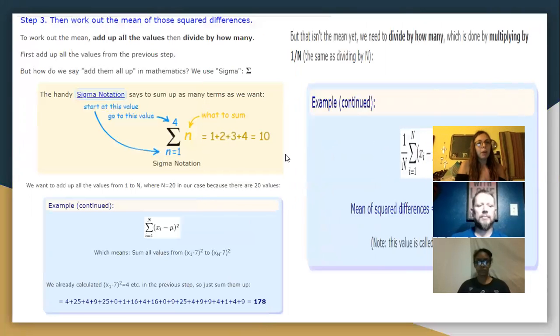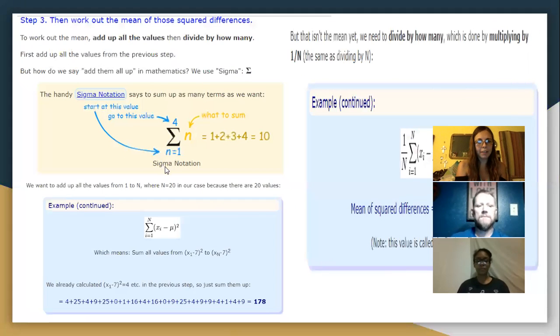Step 3, we want to work out the mean of those squared differences. To work out the mean, we add up all the values, and then we divide by how many. The handy sigma notation says to sum up as many terms as we want, and that's, if y'all have noticed this right here, little thing.